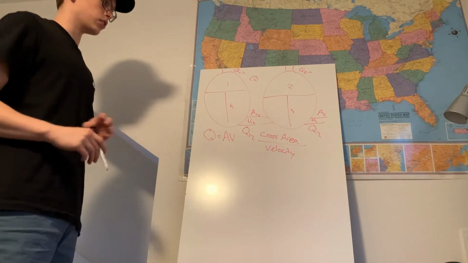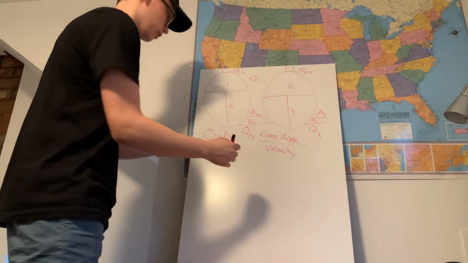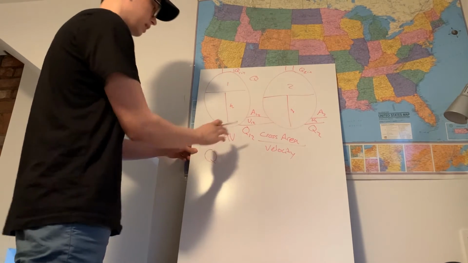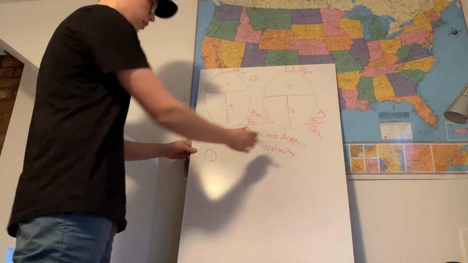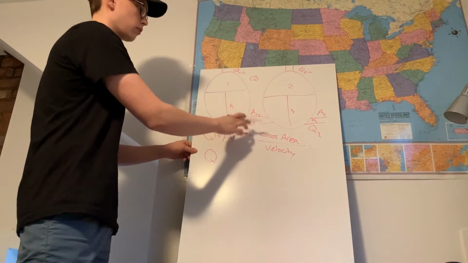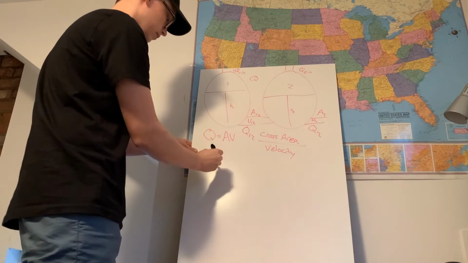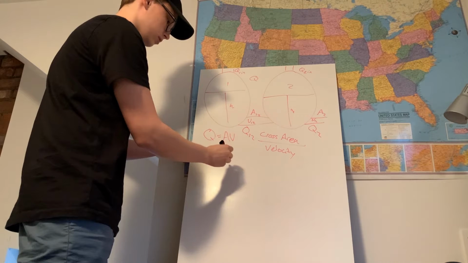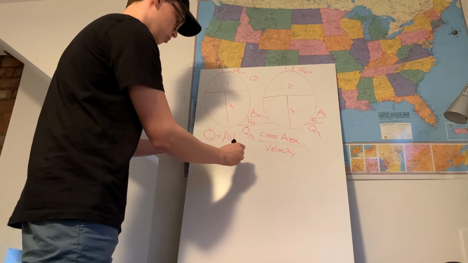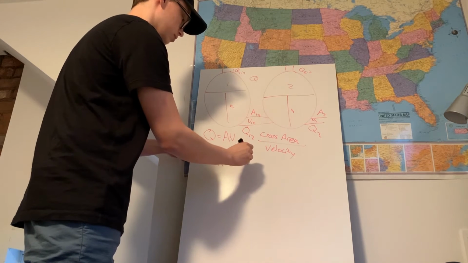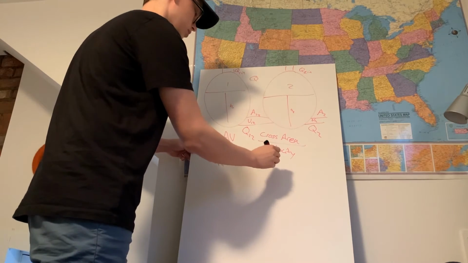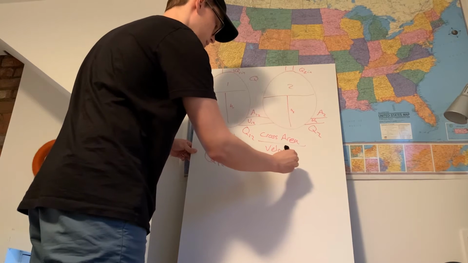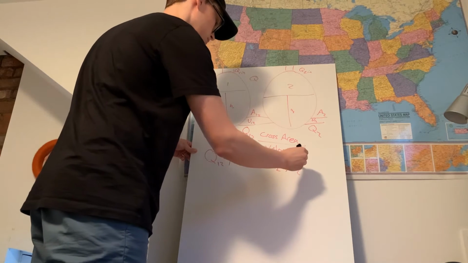So we can see immediately using these variables that for the first pipe, 1 to 2, Q12 is equal to A12 times V12, and Q2, the flow rate leaving, is equal to A2 times V2.